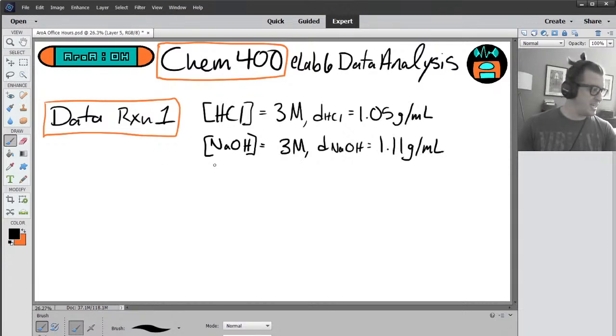My specific heat of the solution is 3.94.